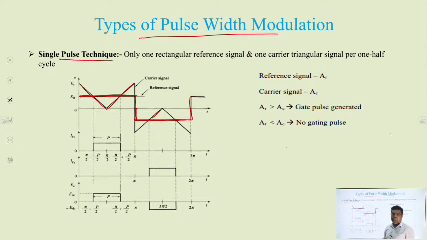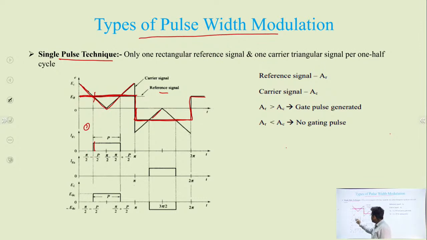So how will the pulse be generated? You can see the carrier signal is high. In this case no pulses are generated with respect to the reference signal, but when the carrier signal is less than the reference signal, a pulse is generated.